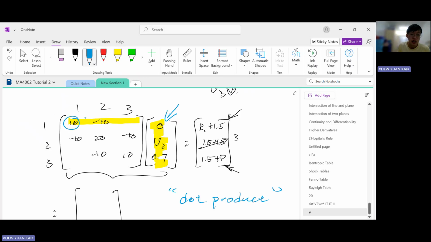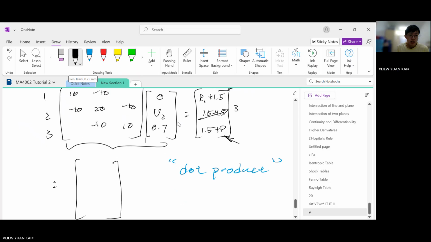So 10 times 0 plus minus 10 times U2 plus 0 times 0.7 will give me the first entry that you see here. That's what I mean by dot product the row with the column. That's how you obtain the first entry if you do the matrix multiplication on the left-hand side of this equation.